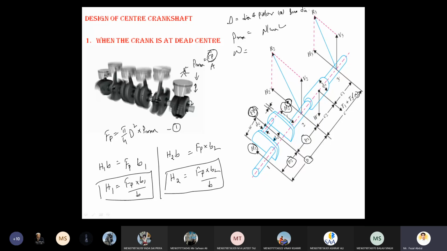V2 and V3, two vertical components acting. Now those vertical component reactions I'm calculating. V2 into total C equal W into C1, since the total load W is acting due to the flywheel vertically downwards.